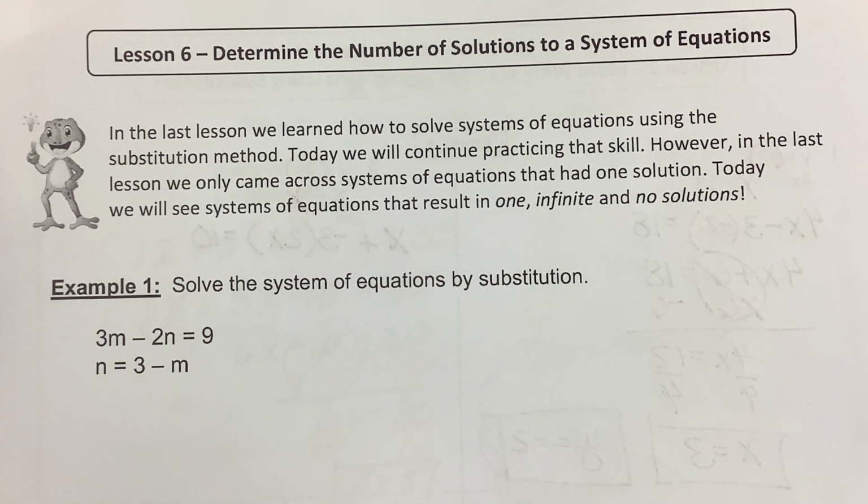We are on Chapter 4, Solving Systems of Equations, Lesson 6, Determining the Number of Solutions to a System of Equations. Now, we've done a little of this before with graphing. When the lines are parallel and they never intersect, there is no solution. When one line gets graphed on top of another line, then every single point is in common, and that's infinitely many solutions.